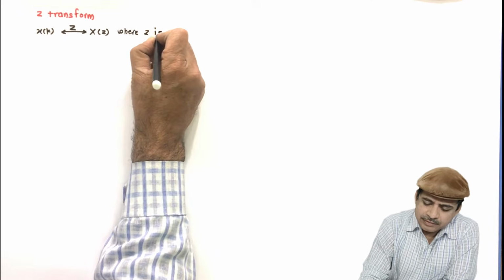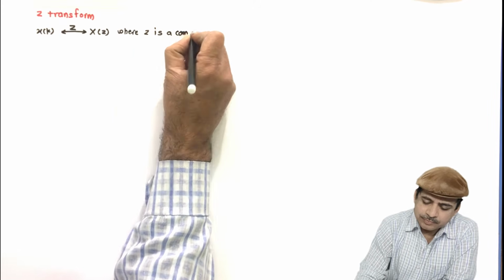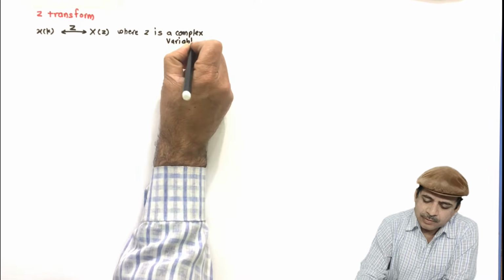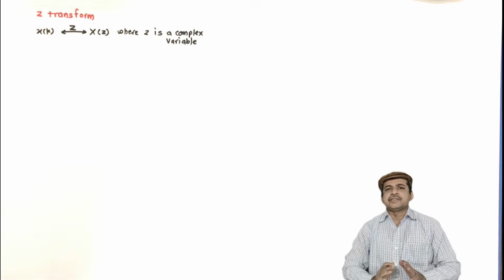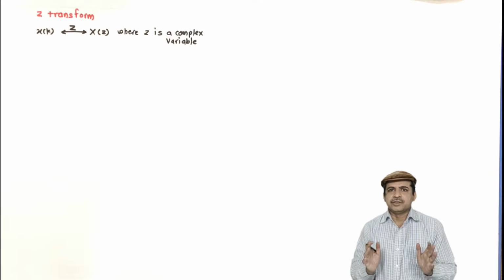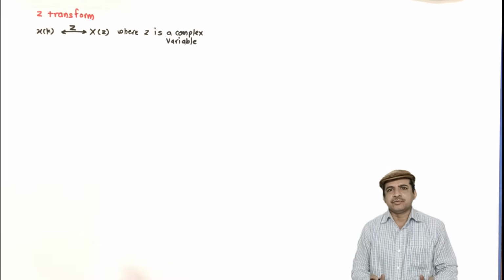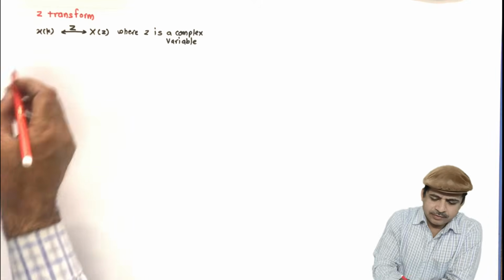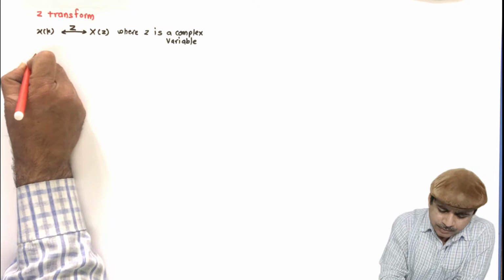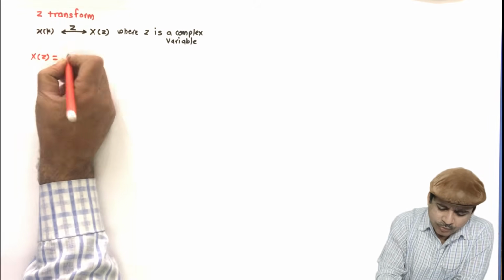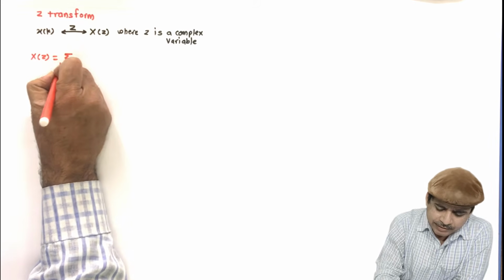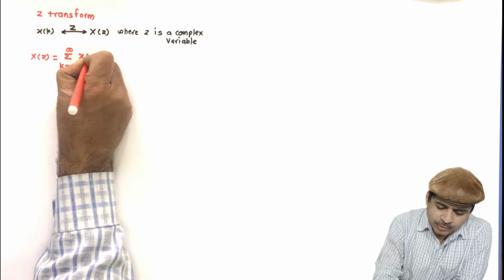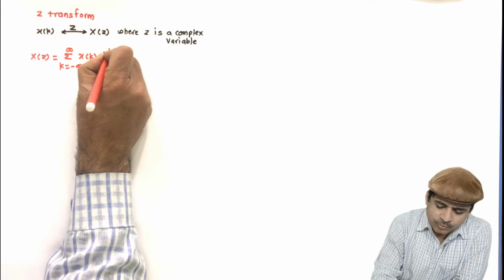Z is a complex variable, and it covers a plane which is called the z plane. We will come to that later on. And this x of z can be obtained from x of k as summation k equal to minus infinity to infinity x of k z raised to minus k.